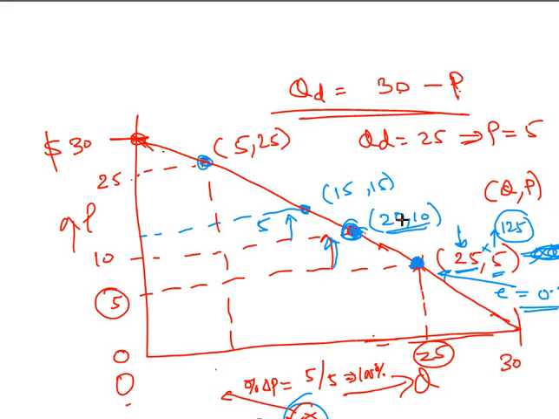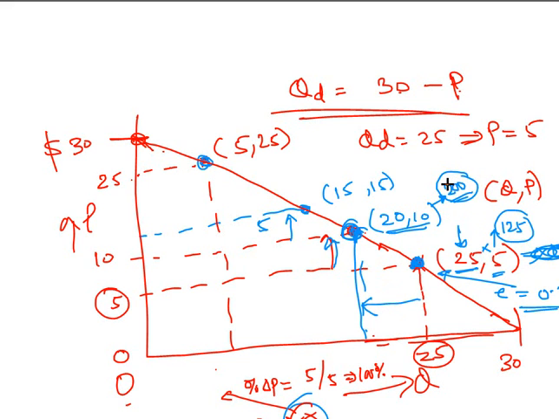Price has become 10 and quantity has become 20, so our revenue has actually increased. So even though we see a decrease in the quantity from 25 to 20, we actually see an increase in the revenue. Now when your revenue has increased, your expenses would be decreasing because the quantity is decreased. Your variable cost will decrease, so you will make more profit here.